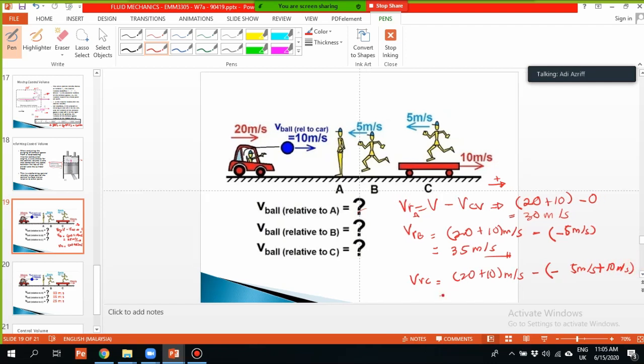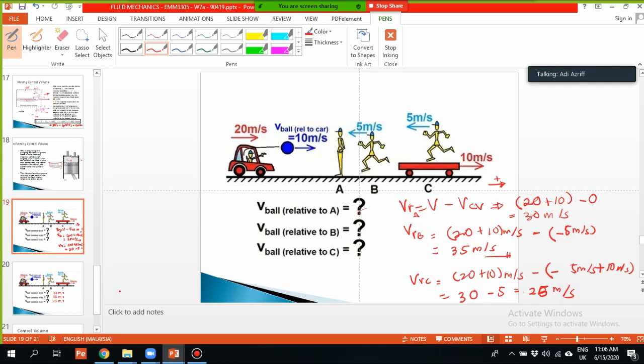So at the end, 30 minus 5, you will get 25 meter per second.